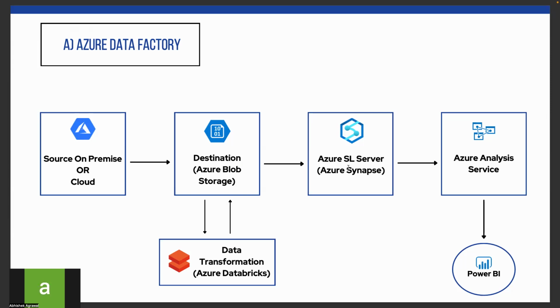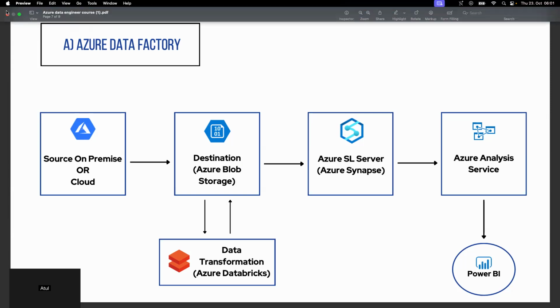Suppose for the transformed data you also want to maintain the history of how the transformation is happening, in those cases you write to your data lake and then move. So both you can do ideally. Okay. We will speak about it going forward, in which case we should do this or in which case we should do that, right? We'll speak about it. Okay, fine.